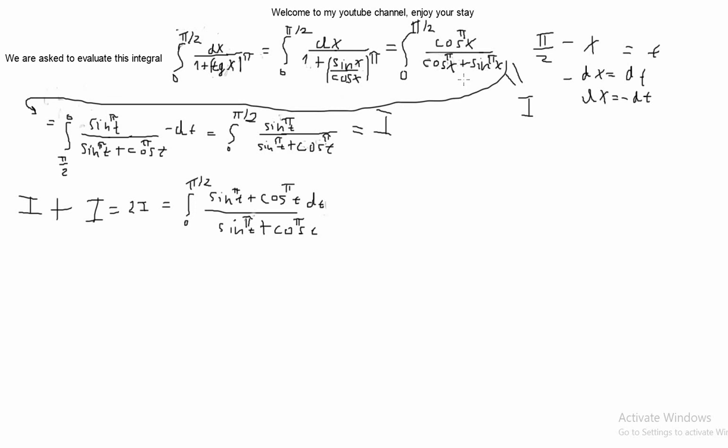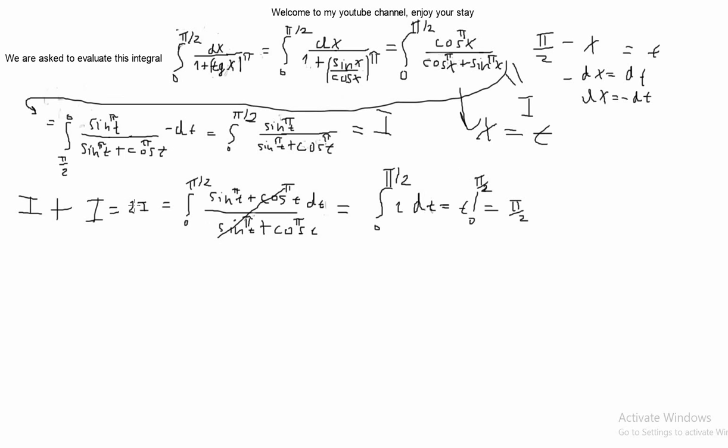I just use a different variable; you can substitute x equals t and it's the same. This obviously cancels out, and we are left with the integral from 0 to pi over 2 of 1 dt, which equals t from 0 to pi over 2, which equals pi over 2.